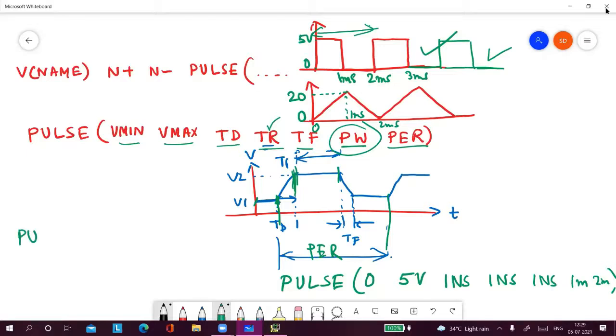PULSE, 0 initial, very good, this is 20, very good. Then what is the delay time? Delay time is 1 nanosecond, very good.